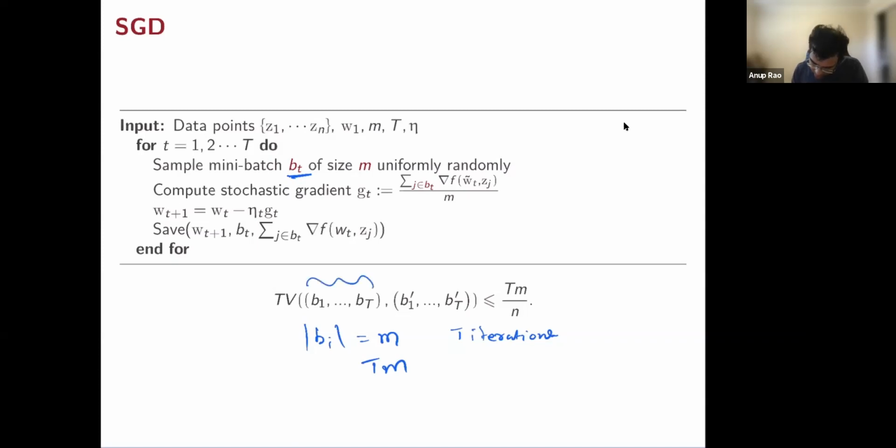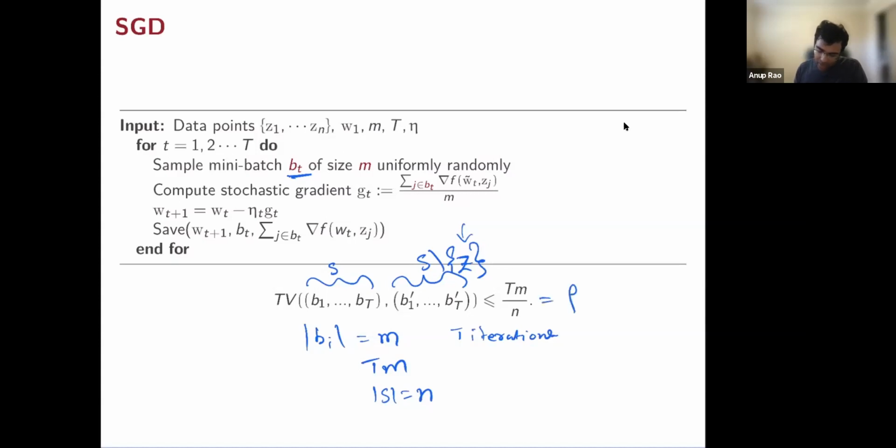This is our mini batches on data set S. This is mini batches on data set S prime, which is S without Z. We want to compute the probability that when we sample Tm random points from n points, we sample the deleted data point, and that probability turns out to be Tm over n.